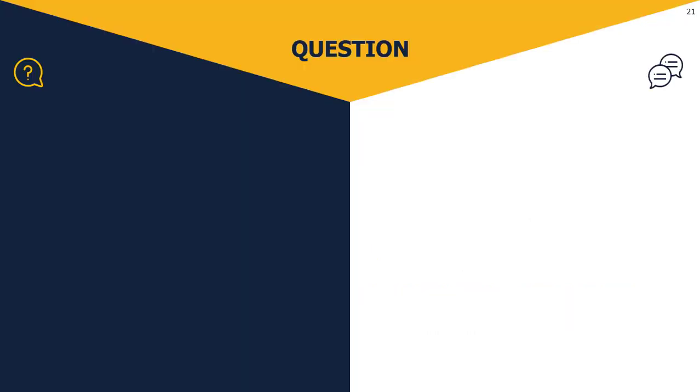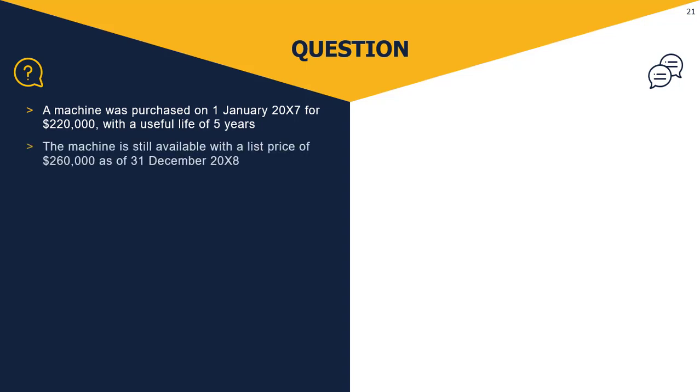We've got a question. Let's have a look at the question. A machine was purchased 1st of January X7 for $220,000, useful life of 5 years. The machine is still available, list price of $260,000 on the 31st December X8, so 2 years later the equivalent replacement cost is $260,000.